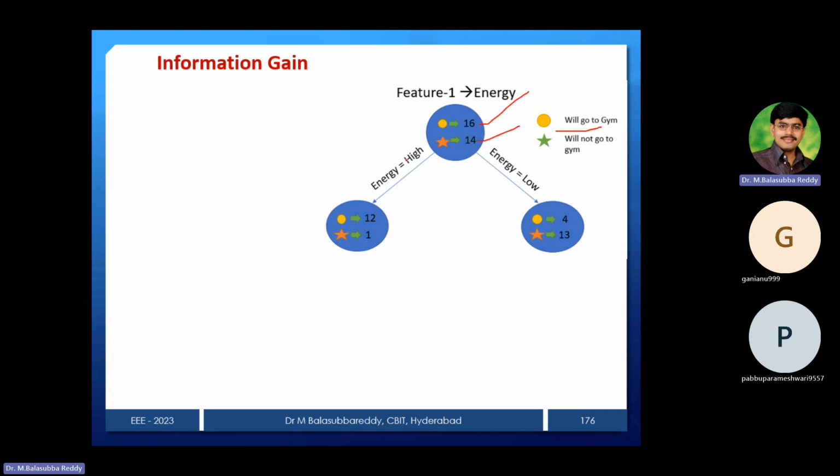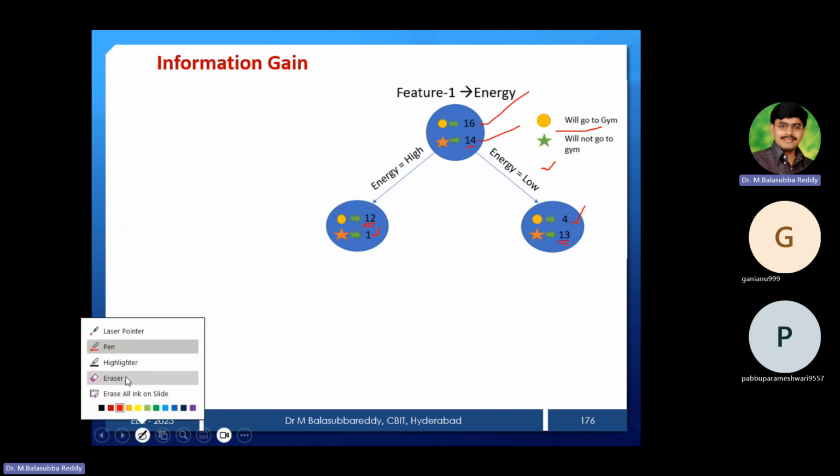Even when energy is high, out of 16 only 12 members are going to the gym and one is not going. When energy is low, they preferably don't want to go to the gym. Out of 14, 13 members are not going to the gym and 4 members are going. This is the situation if energy is the root node.